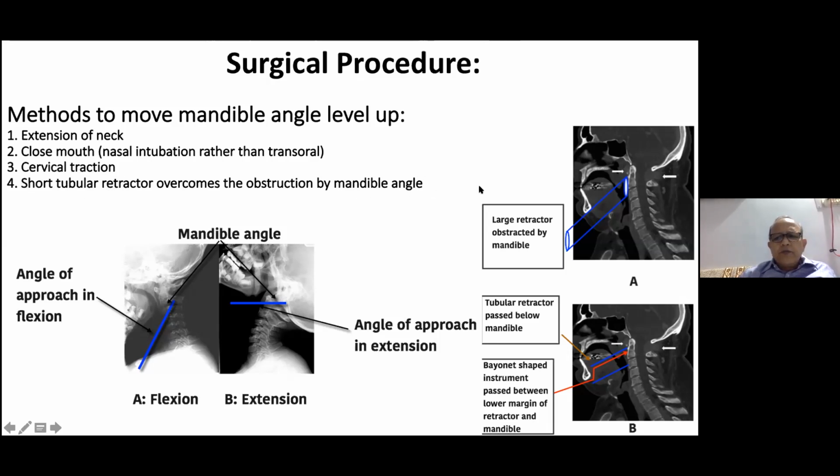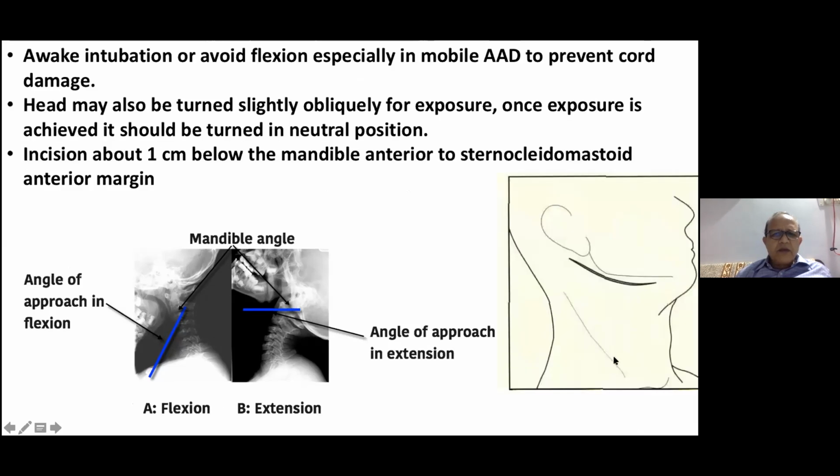So if you can use a tubular retractor which can be pushed under the angle of the mandible and is a little wider, so half of this tube is inside, half is outside, and use angled instruments through this tubular retractor, I think all the limitations of the trans-cervical approach can be eliminated. So using a better tubular retractor, this limitation of the angle of the mandible coming in the way can also be solved.